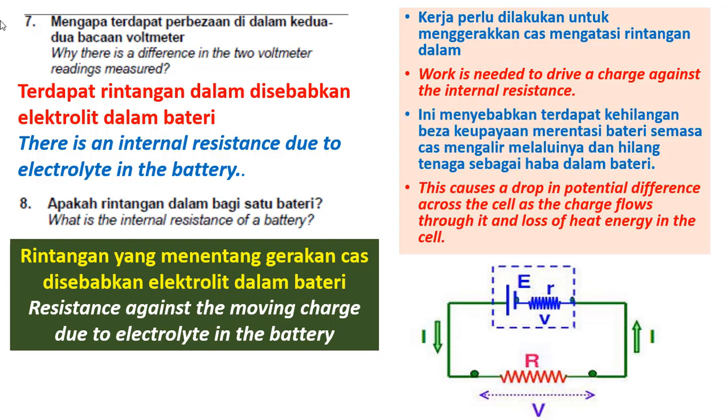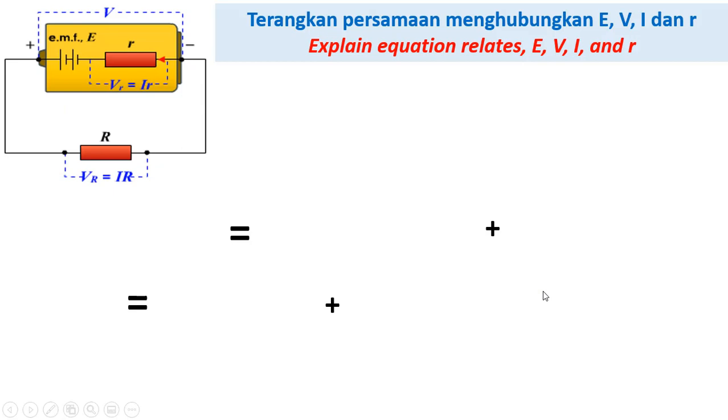This causes a drop in potential difference across the cell as the charge flows through it, and a loss of heat energy in the cell. So of the energy given by the battery, 3 joule per coulomb, only 2.4 joule per coulomb is given for the charge to go to the bulb or the resistor, and 0.6 joule per coulomb is left here as heat energy.